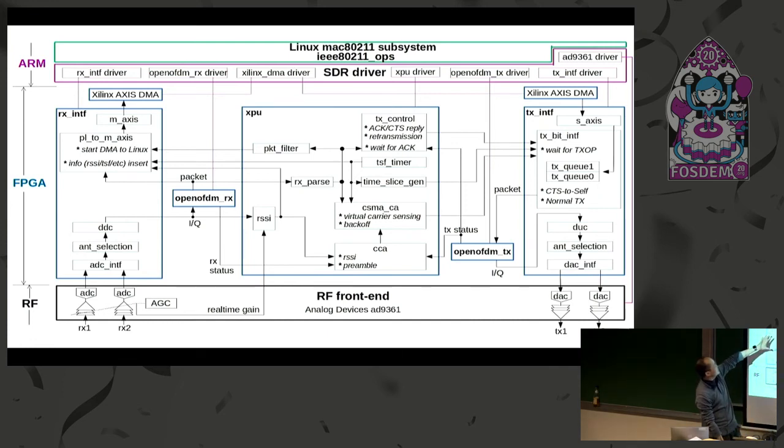This branch is for the receiver path. We have a DDC, antenna selection, feed IQ to the physical layer, then take the packet to Linux. Meanwhile, not all the packets will go to Linux. If you check the Linux mac80211 framework, it tells you what you should do in the Wi-Fi chip.